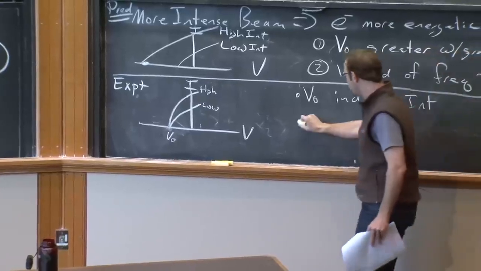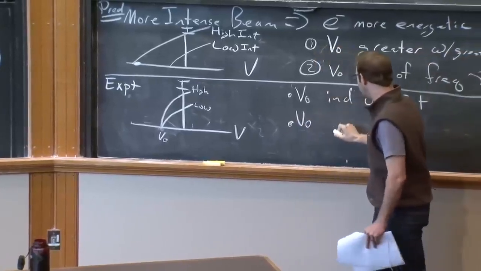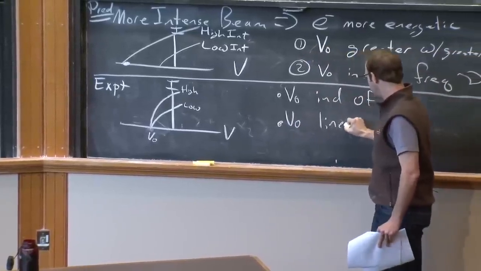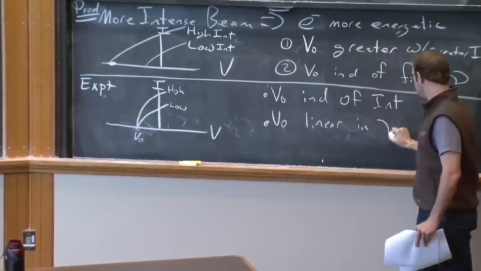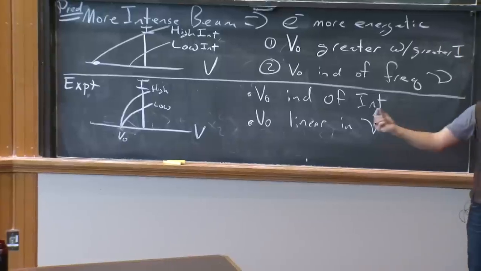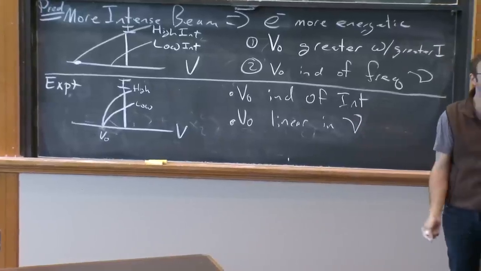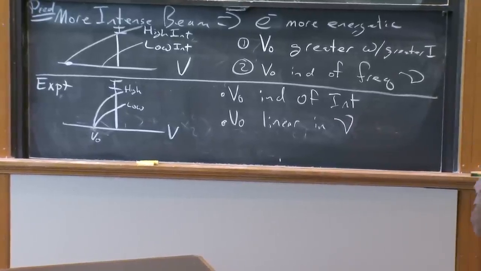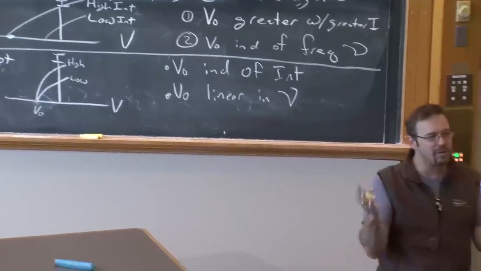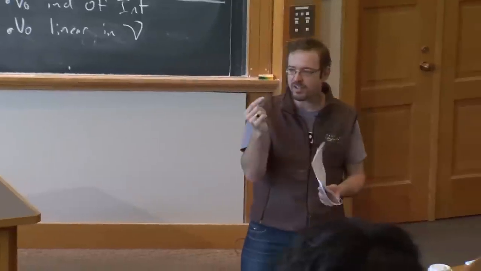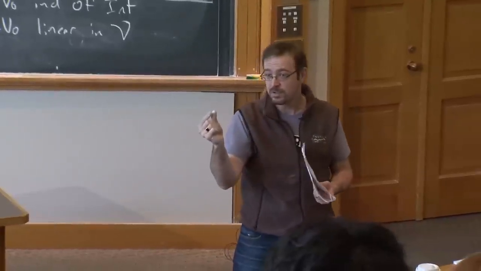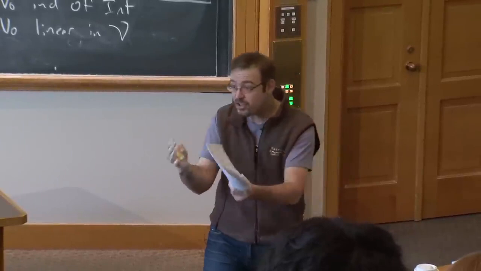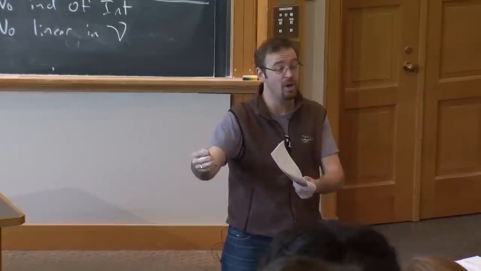But here's the real shocker. V0 varies linearly in the frequency. What does change V0 is changing the frequency of the light that's incident. That means that if you take an incredibly diffuse light, you can barely see it, of a very high frequency, then it takes a lot of energy to impede the electrons that come popping off.